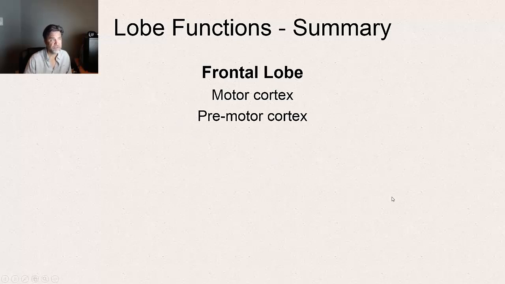The premotor cortex then takes in inputs from many regions of the body and makes decisions about them, and those decisions are implemented in the motor cortex. So an association area receives inputs from many sensory modalities and tries to make sense of them in some type of satisfactory motor output.